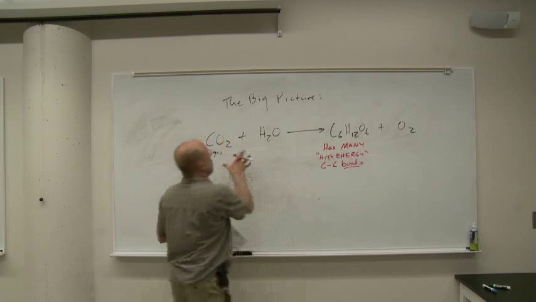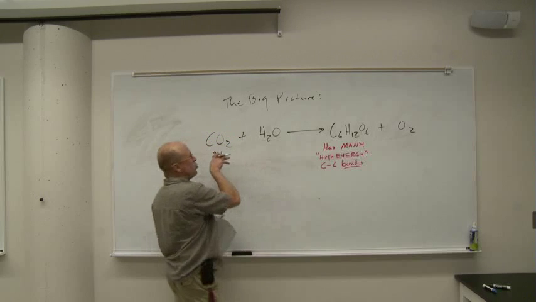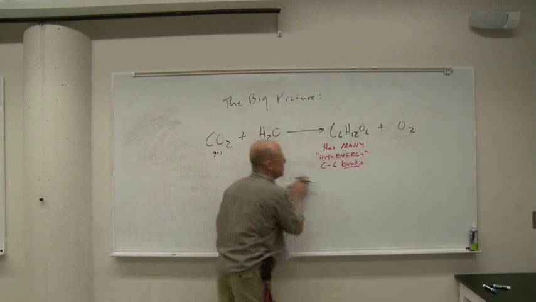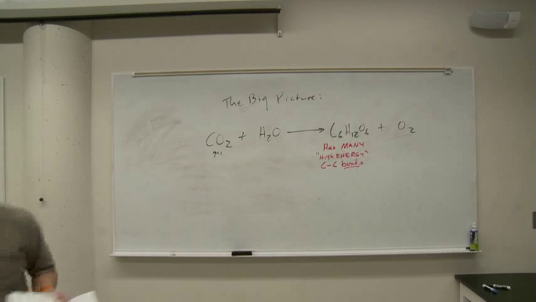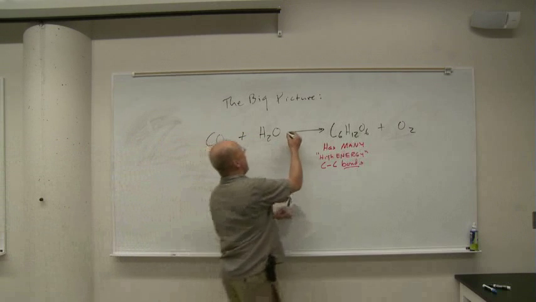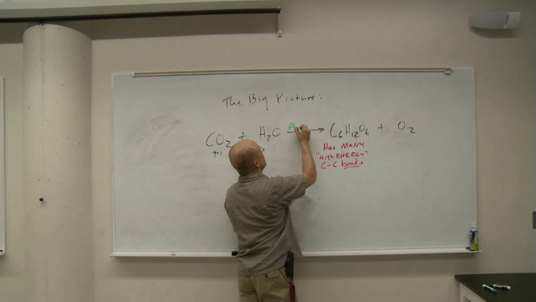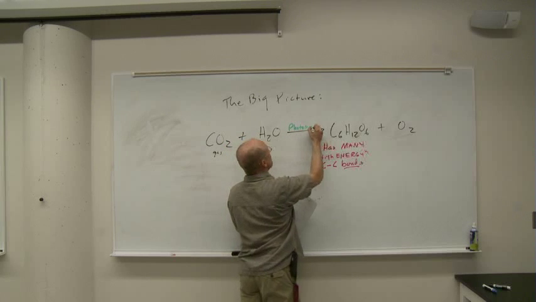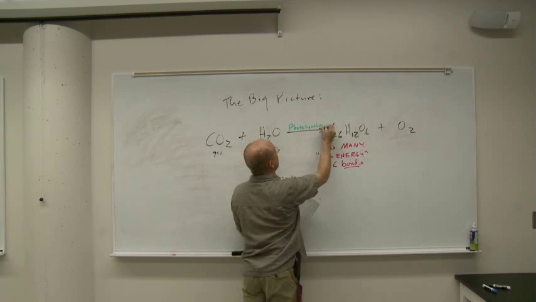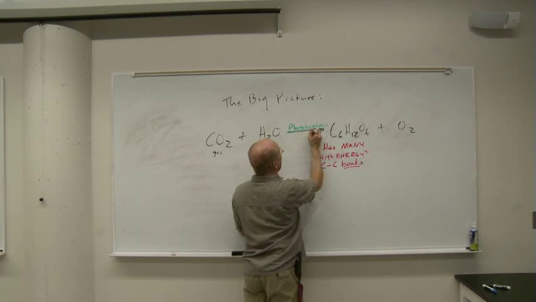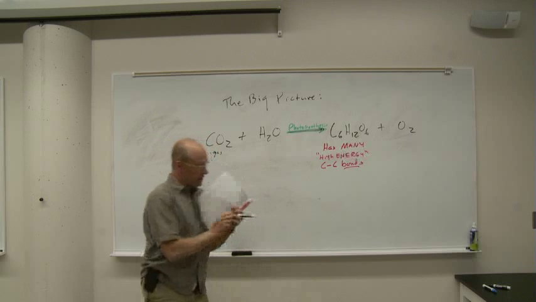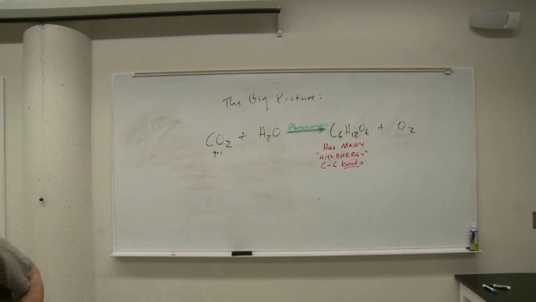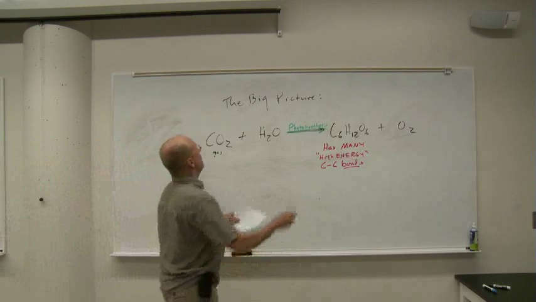So overall, to do this process, I'm going to get green out and identify this as photosynthesis. And I'm going to highlight this arrow as being the arrow of photosynthesis. And that process is going to require energy from somewhere else.